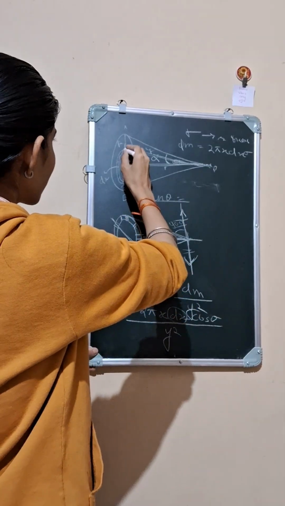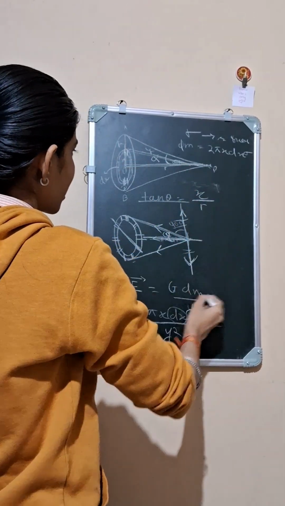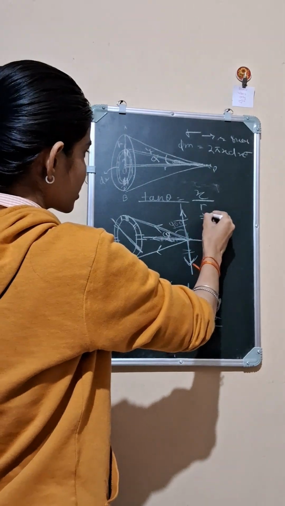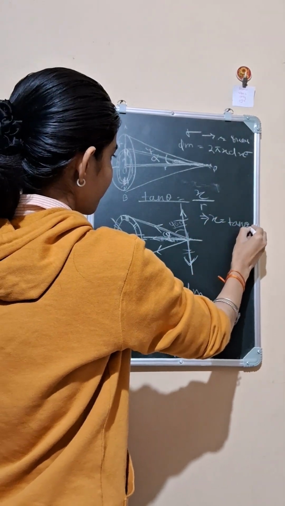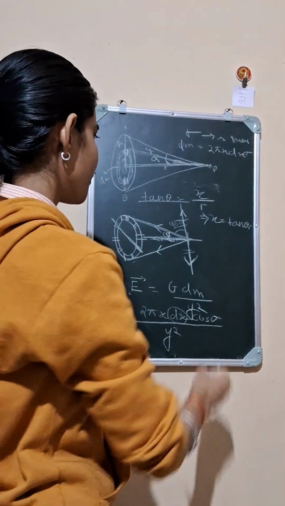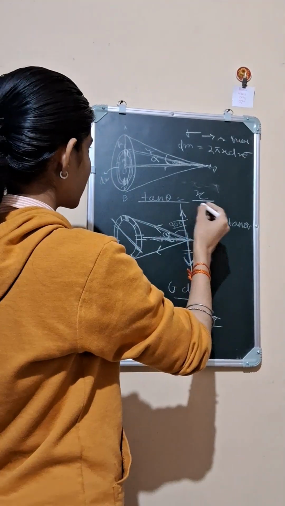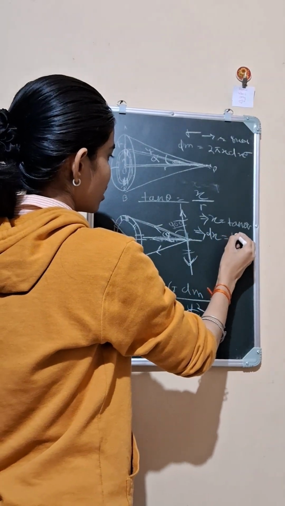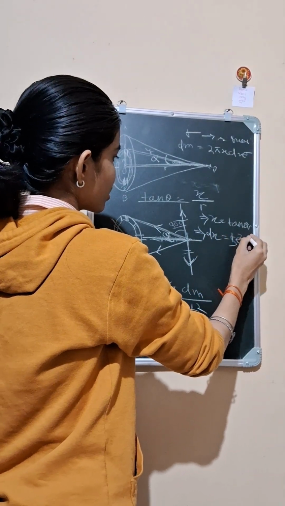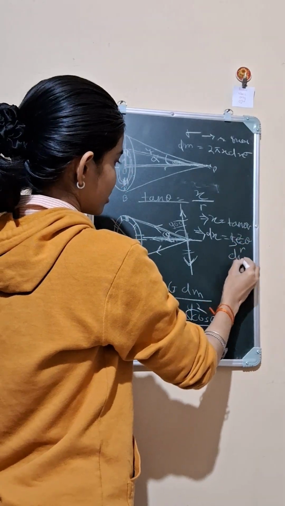Tan theta will be equal to x by r, and now x will be equal to r tan theta. And now I can differentiate it, so dx equals sec square theta r d theta.